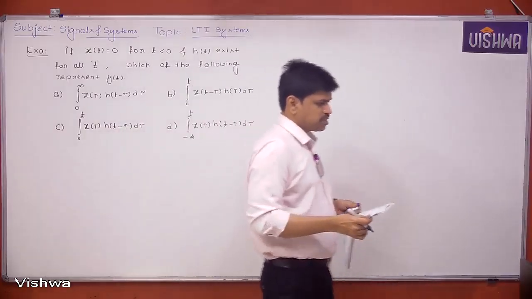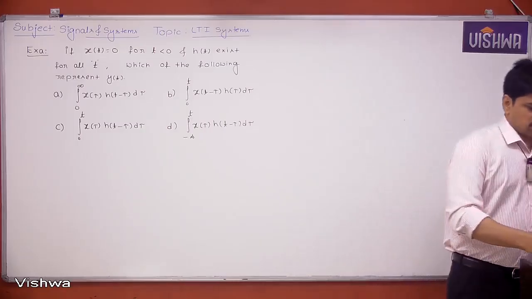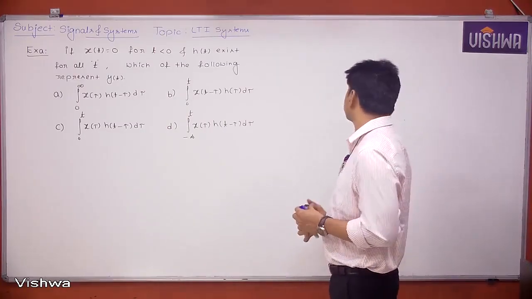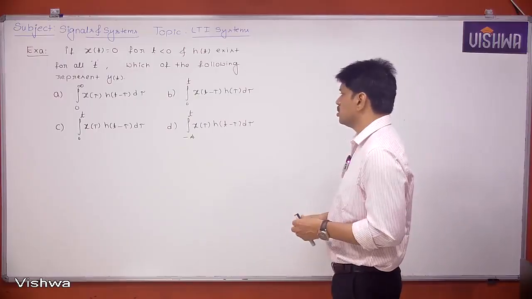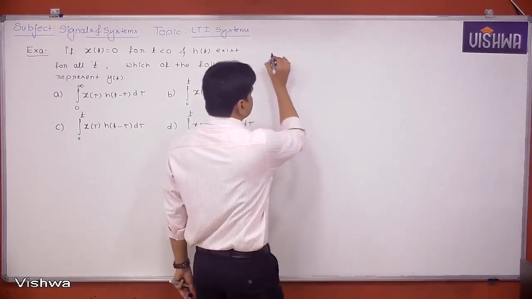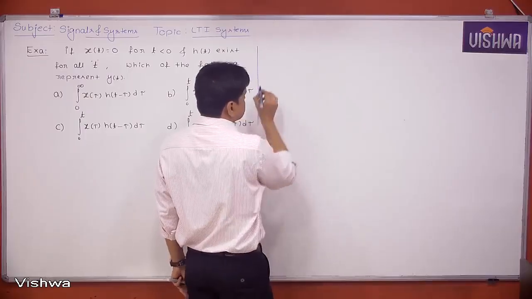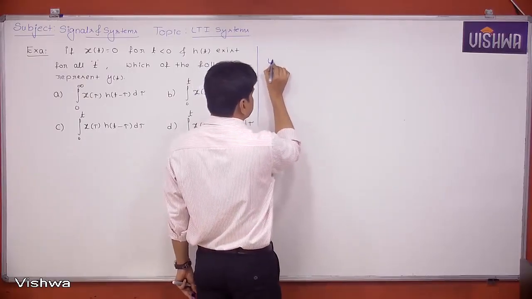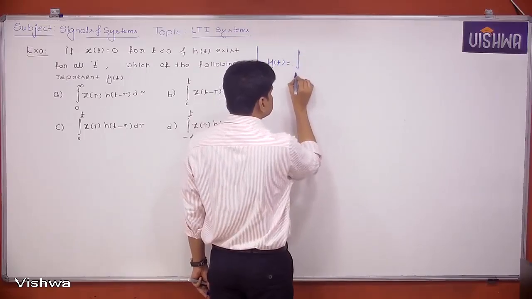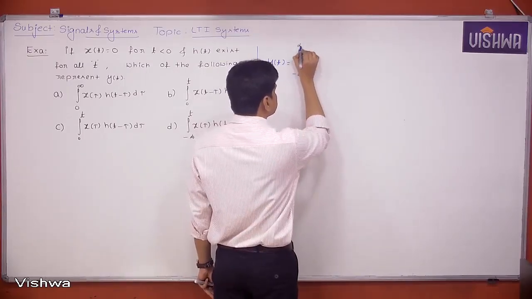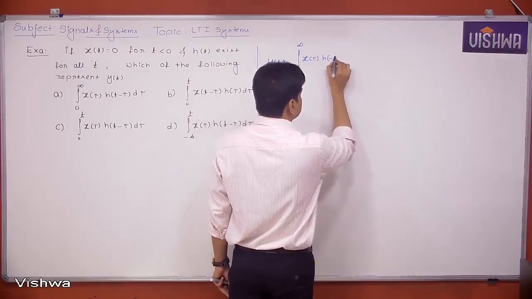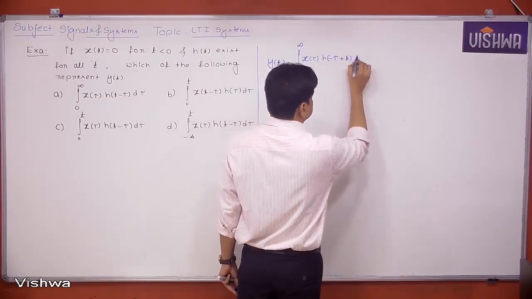So which option is correct? They may look all the same, but they are not. First listen carefully. We have two expressions for y of t. Y of t is equal to integral minus infinity to infinity x of tau h of minus tau plus t d tau.